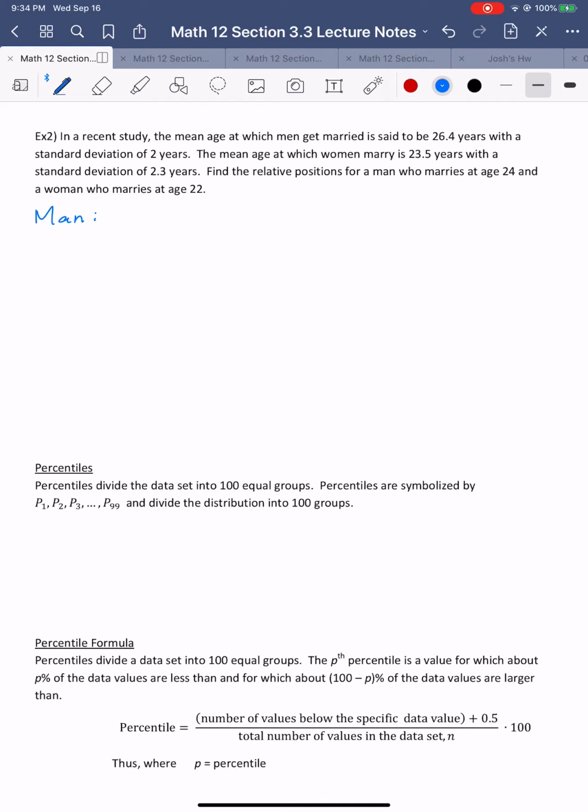For the man, the age is 24 years old, the mean is 26.4, and the standard deviation is 2. The z-score, which is x minus x bar over s, is 24 minus 26.4 over 2, which is about negative 1.2.